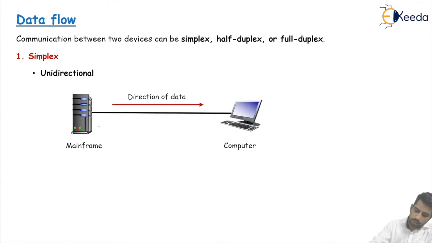Here, this machine is sending the data, and this machine is only receiving the data, not able to transmit the data at the time. If this computer is sending the data, this one only receives the data. Means the direction of data is one. Only one of the two devices on a link can transmit, the other can only receive.